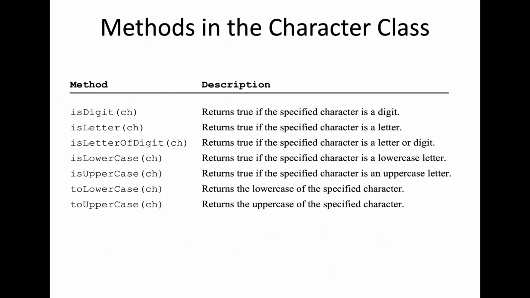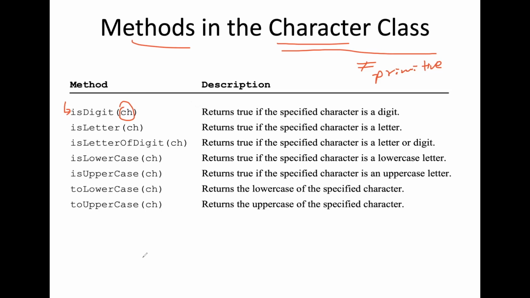Now, we're dealing with the Character class. This is not the same as a primitive. Whereas with a primitive, you can use ASCII comparisons, and they're basically integer comparisons to fetch these characters, when you push your ch, or your character, inside a method that is a part of your Character class, you can do a lot more. For example, you have these methods like isDigit, checking to see if this character is a digit or not.